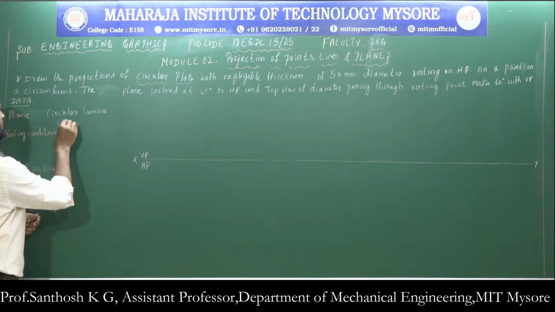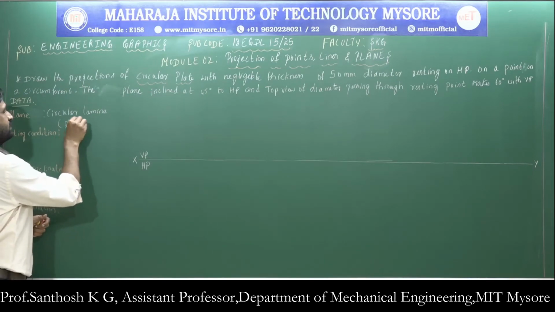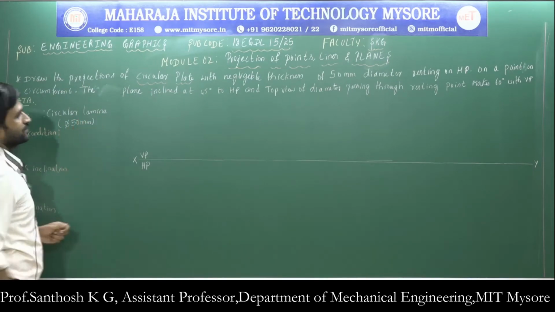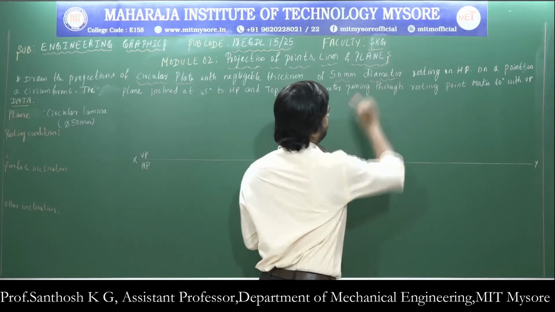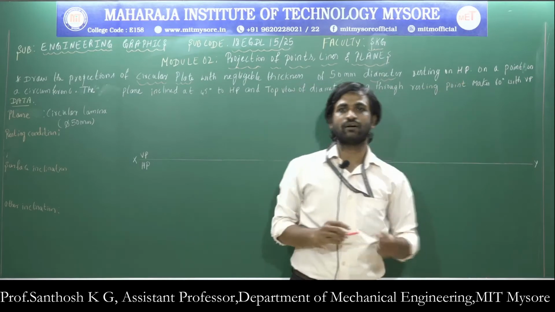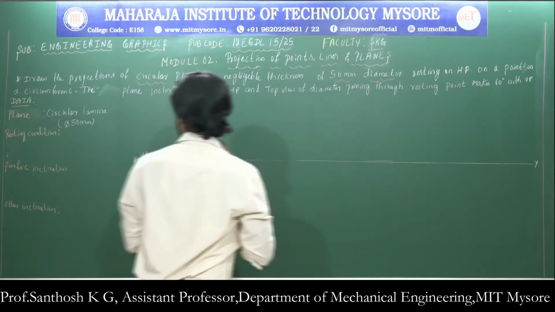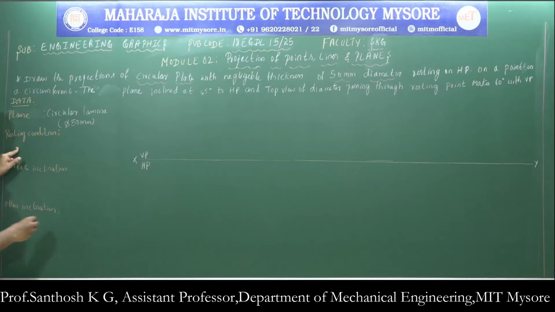So, the diameter of the plate is 50 millimeters. Then they say that the plate is resting on HP. So, the given condition or the plane on which this circular lamina is resting is HP, and it is resting on a point.